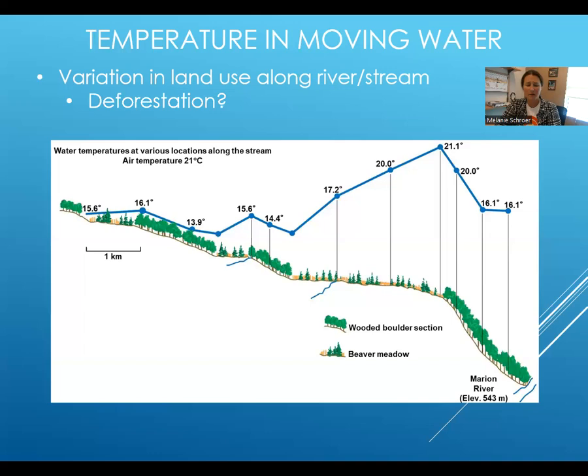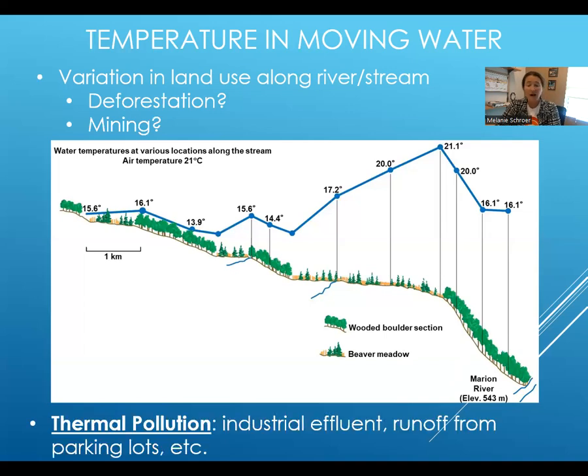And so we can also think about human interaction with waterways. Deforestation, right? If these trees were removed, that would ultimately leave the waters exposed to the sun and increase the temperature. Mining activities, right?